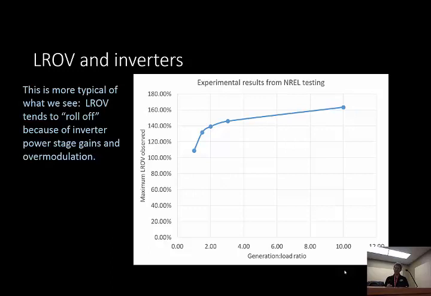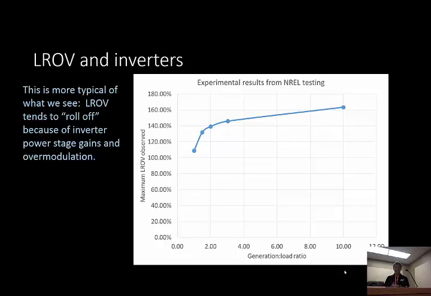What you see on the screen in front of you are some load rejection overvoltage numbers measured by the National Renewable Energy Laboratory. And I will point out that these results are a part of a publicly available report. If you type load rejection overvoltage into NREL's search engine, it'll pull it right up. If you would like to see it and have any trouble finding it, contact me and I'll get it for you. But NREL produced a really slick report on this and detailed these results.